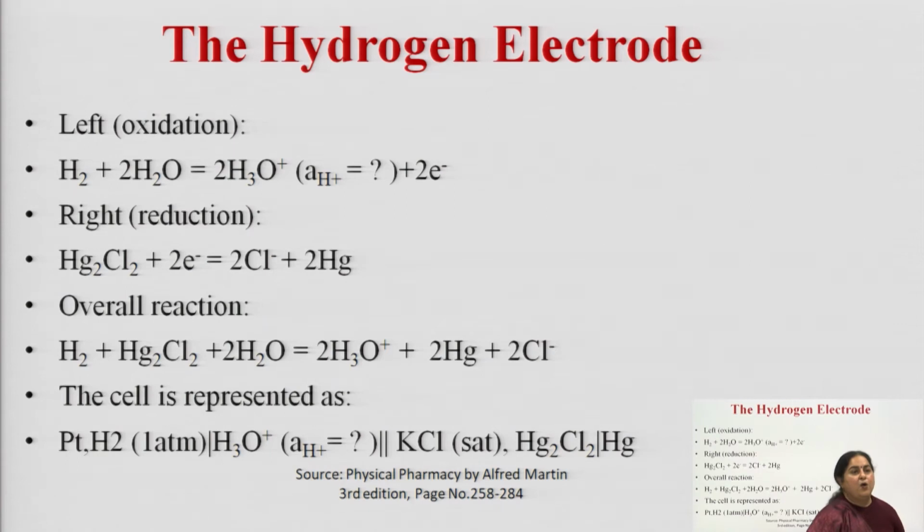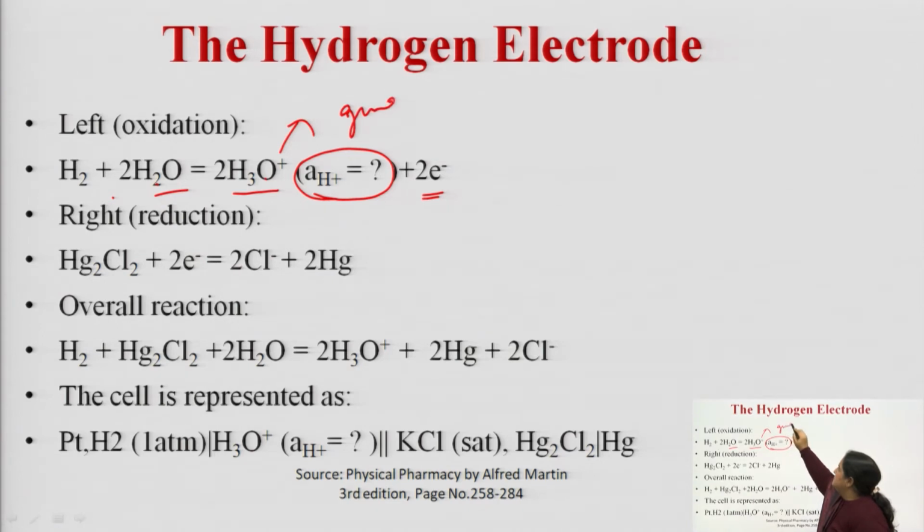And so, how does the reaction take place at the hydrogen electrode? At left, oxidation takes place and H2 plus 2 H2O will give 2 H3O plus, this is the activity of hydrogen ion, plus 2 electrons. This is the activity of the hydronium ion, so this will be giving you the pH.